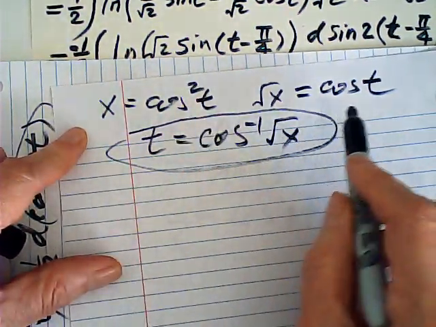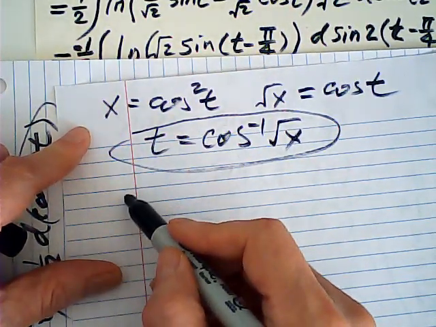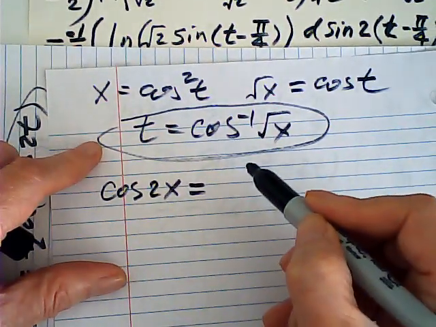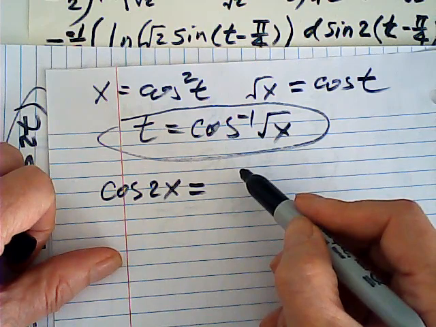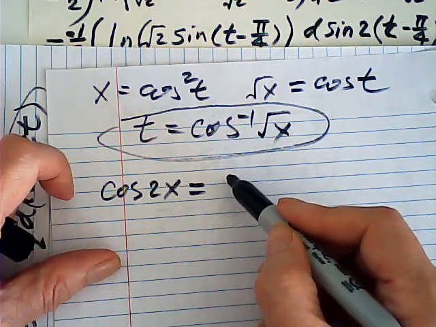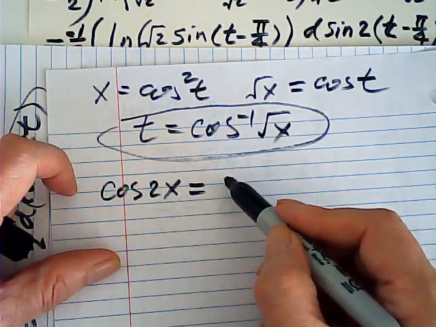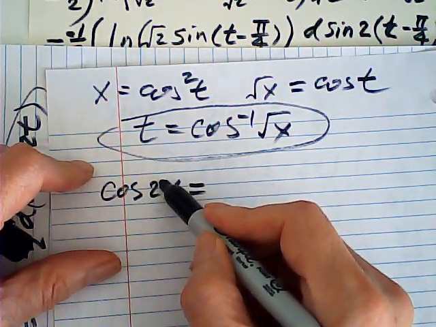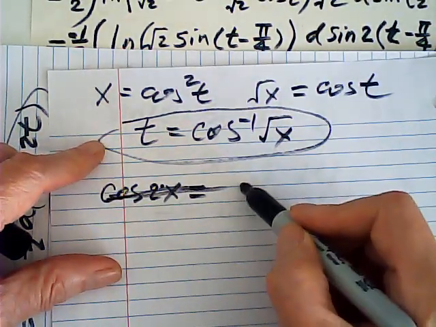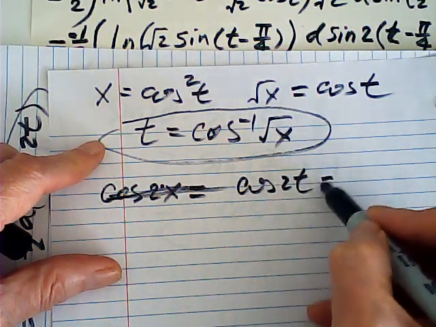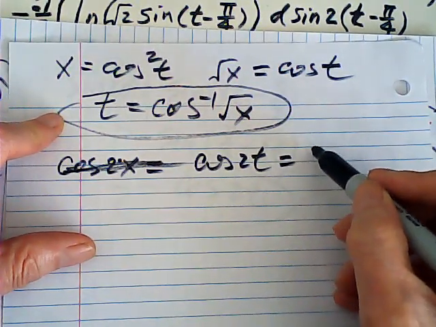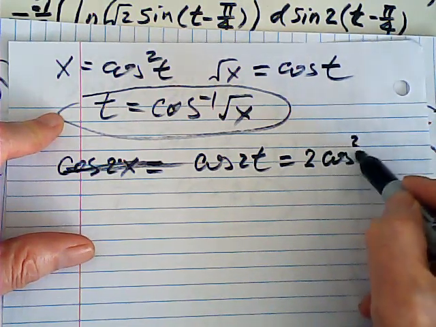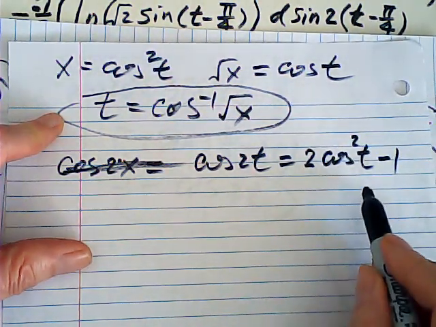Now the other thing is that cosine 2t is equal to 2 cosine square t minus 1, isn't it?